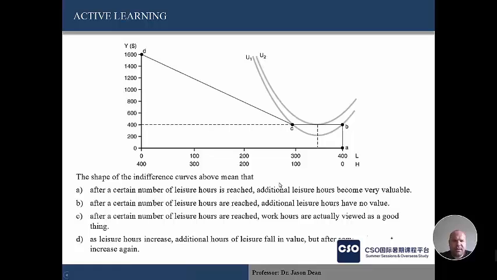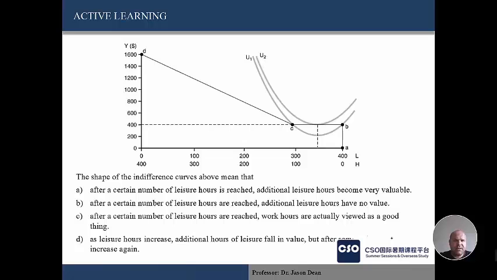Well, let's look at an indifference curve and think about an area on the portion before it turns around. In this area, if we take away leisure, we need to give the person extra income to remain indifferent. But on the positively sloped side, if we take away leisure, we could take away income, and the person would remain indifferent.